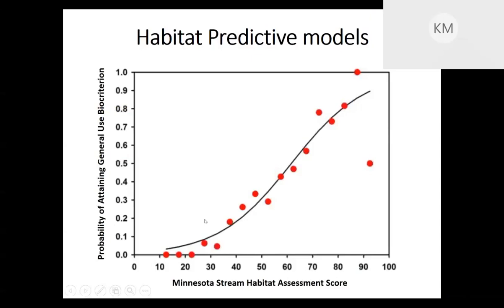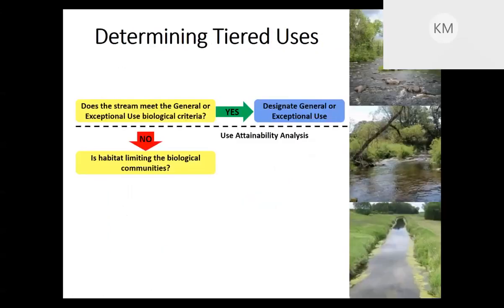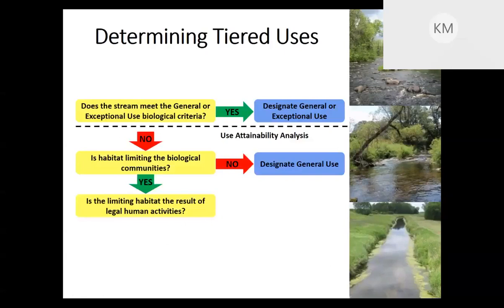We usually use a threshold of about 25%: if it has less than a 25% probability of attaining that biocriterion, the habitat is likely limiting. But if the habitat looks pretty good and models indicate the habitat's not limiting, then it would get designated as a general use. And this would go for ditches. We have plenty of ditches that have good habitat that would be designated as general use.